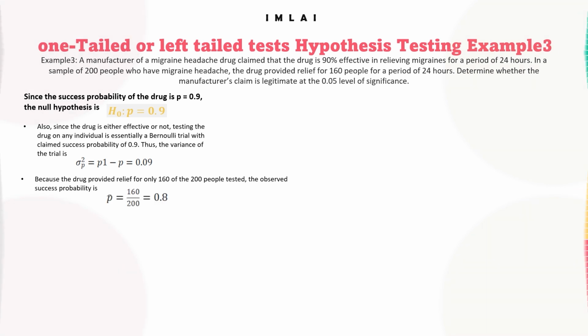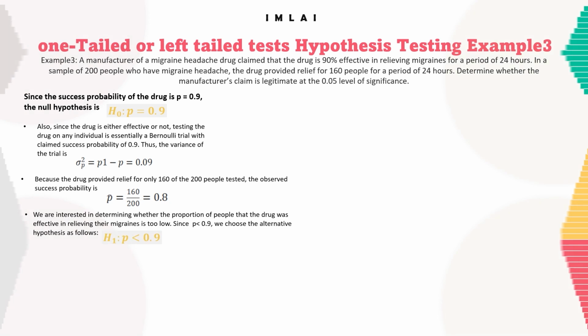Okay, so we are interested in determining whether the proportion of people for whom the drug was effective in relieving their migraines is too low. Since P is less than 0.9, we choose the alternative hypothesis as P less than 0.9.